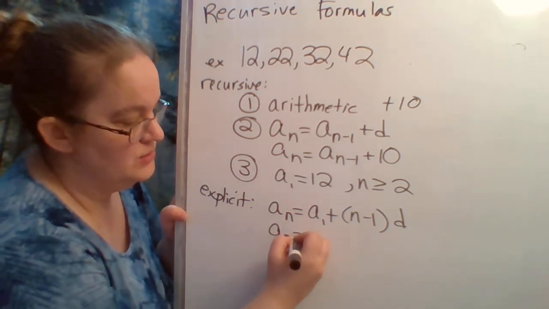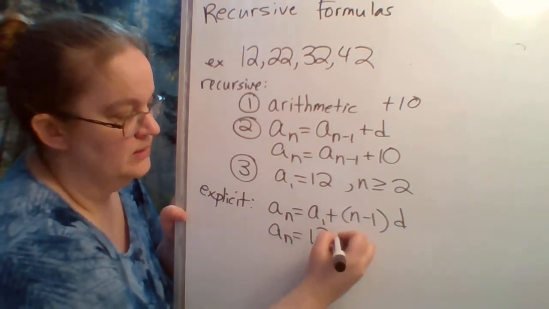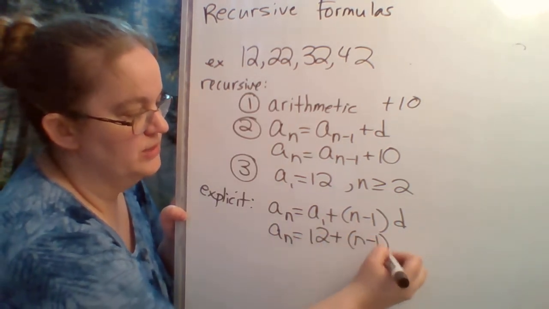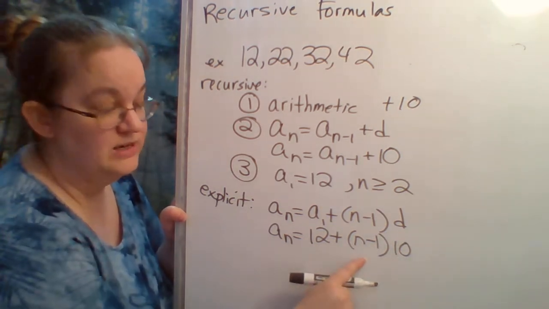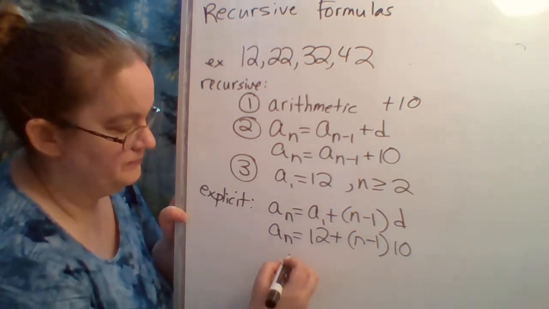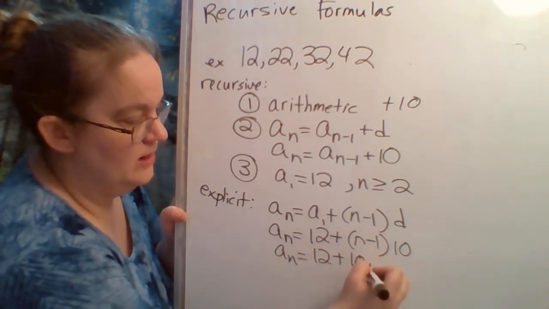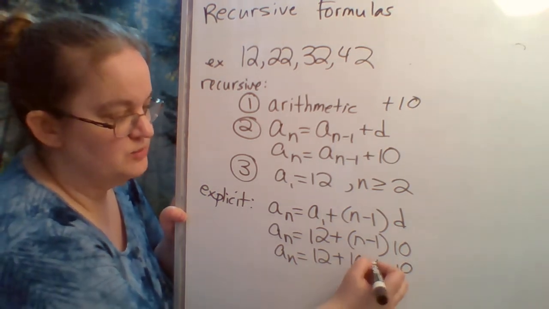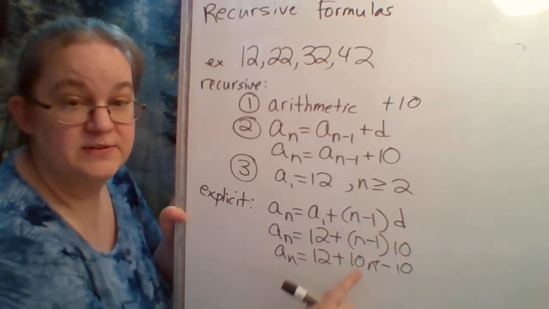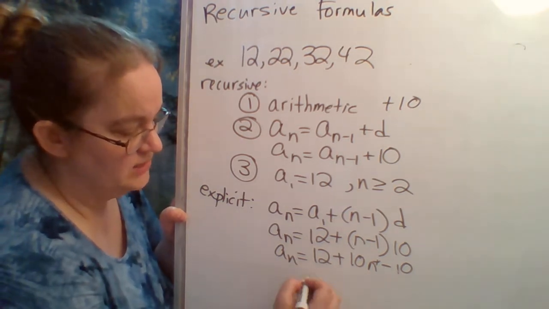Okay, so the nth term is the first term. The first term is 12, plus n minus 1 times the difference, which would be 10. I'm going to go ahead and distribute the 10. So that would be 10n minus 10. And then combining like terms, remember this is the same as plus a negative 10, which means I can then use the commutative property. 12 and negative 10 is 2.